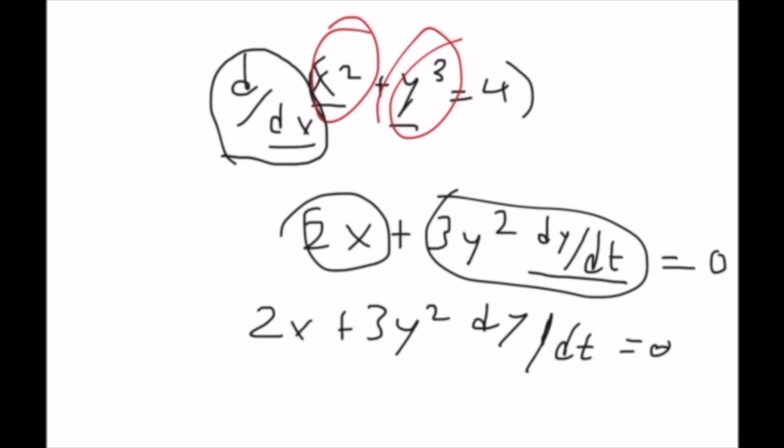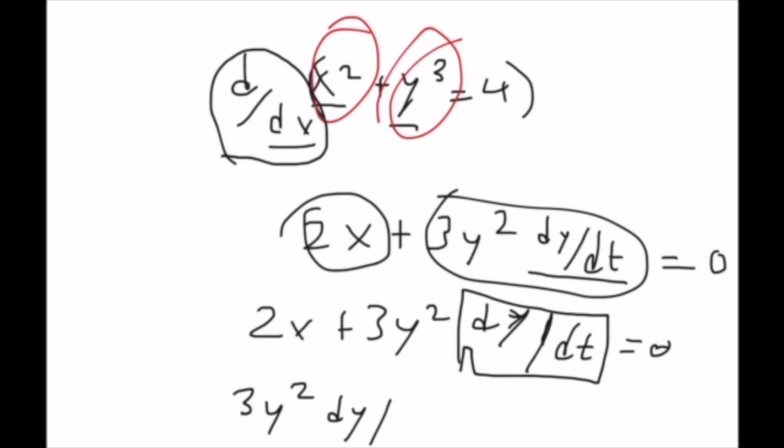Well, here's the catch. After finding this local derivative for each term, we now need to solve for dy over dt. This is a standard rule that we need to follow when using implicit differentiation. So let's do that. 3y squared dy over dt equals, let's bring the 2x to the other side, so this is minus 2x.